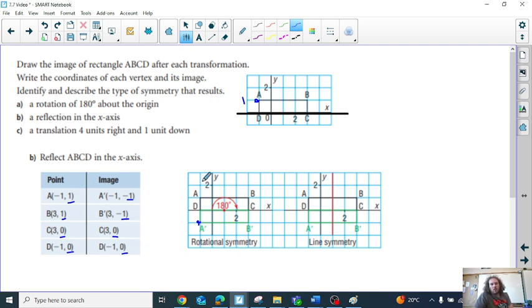Now, what happens if I want to think about it a different way? Well, we know what happens when we rotate 180 degrees. It changes all my signs. It would take this -1 and make it positive, and take this +1 and make it negative. But the problem is we don't want our x values to change signs, because that's not what happens when we reflect. So then we have to reflect it about the line in the middle here.